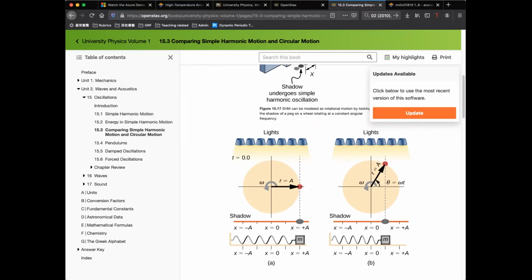And actually, you could represent the motion of the particle as if it is an object rotating in a circular path and having a particular component of the circular path being cast on the x-axis. So that is why it is actually related to rotational motion. I'm not saying that rotational motion is equal to oscillation motion. They are not the same thing, but there are ways to relate them to one another.